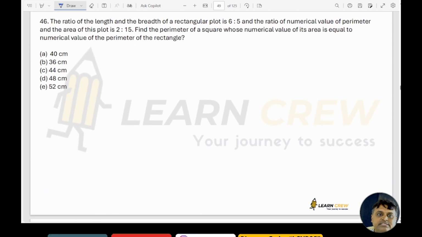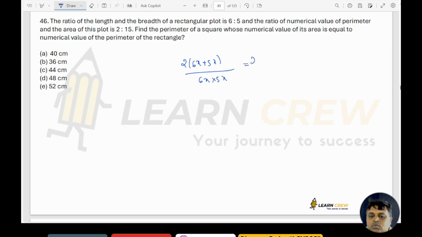Then next, 46. The ratio of the length and breadth of a rectangular plot is 6:5 and the ratio of the numerical value of the perimeter and the area of the plot is 2:15. So 2 into (L plus B) is to length into breadth is equal to 2:15.